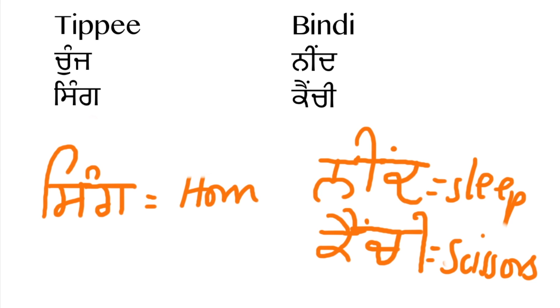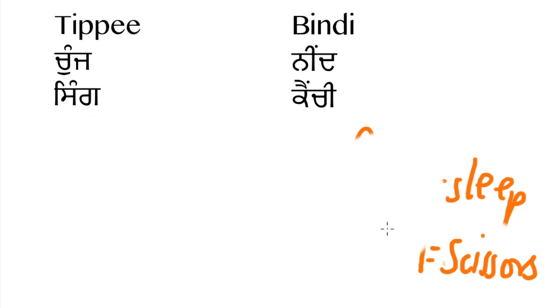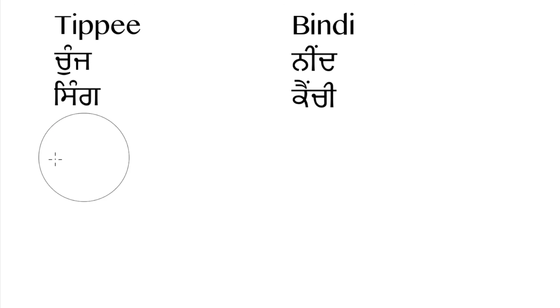Now, when do we know when to use a tippee or a bindi? Well, the answer is generally if the character, let's have a hypothetical character here, so this can be anything that we've looked at in all our lessons.